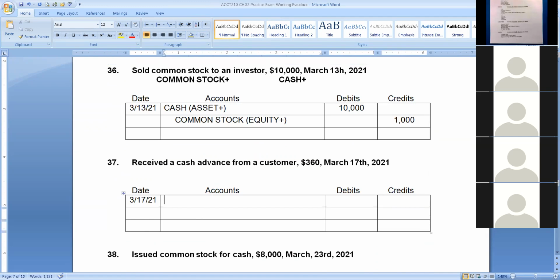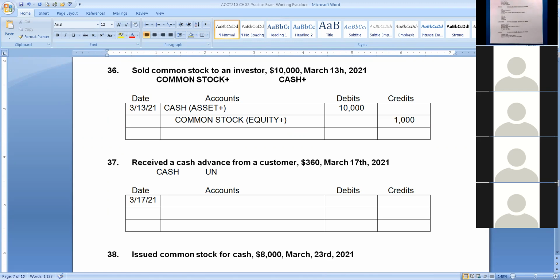Oh, tricky one here. Received a cash advance from a customer. What accounts? Is it cash and accounts payable? Close. Cash and unearned revenue. Like a payable, it's something you will have to pay back if you don't do it.